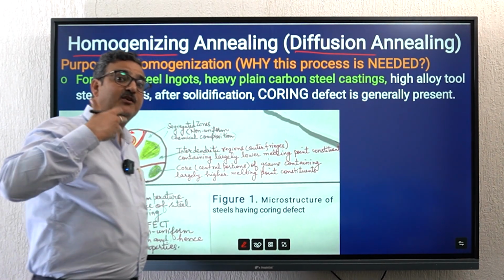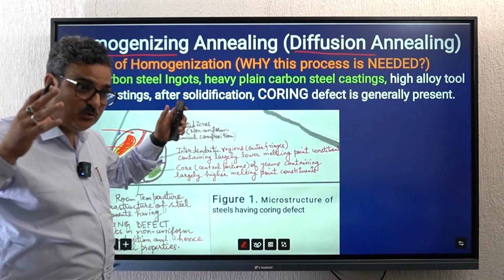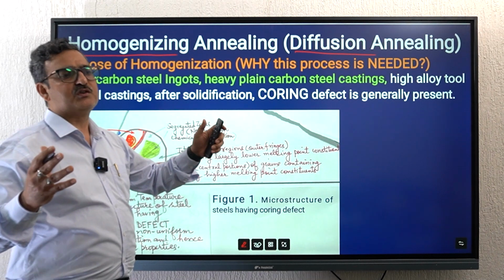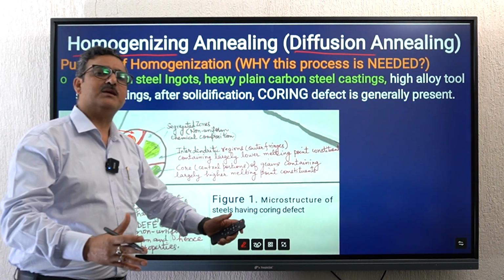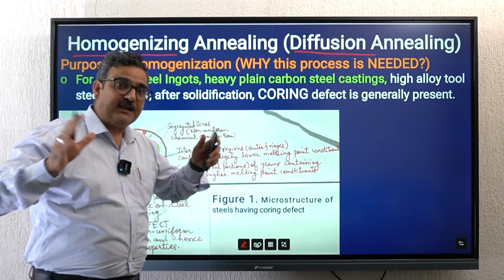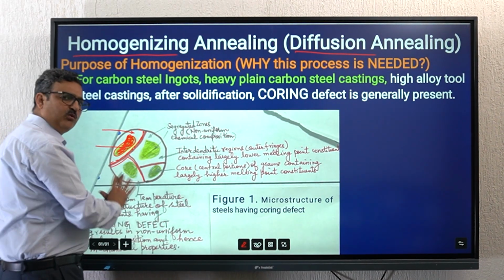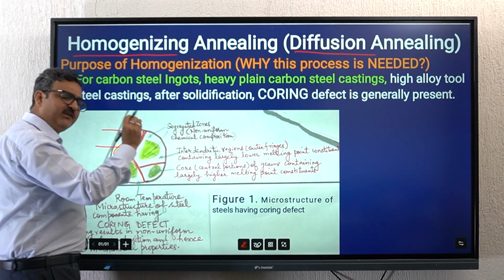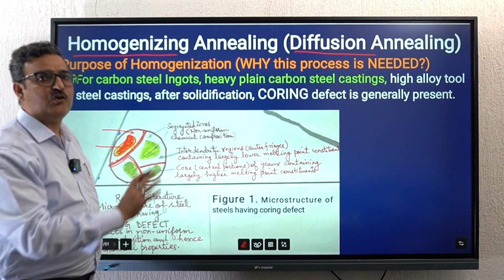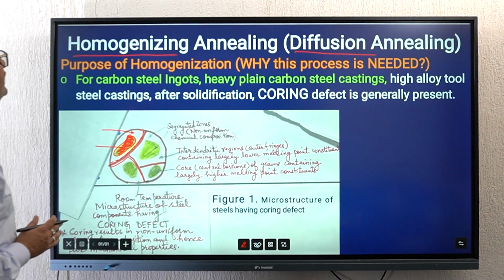Because what we will try to do in the steel during the diffusion annealing process, we'll get diffusion to get completed, and all segregated zones would be eliminated by the diffusion process, and ultimately what you'll get at the room temperature will have all coring, all segregated zones eliminated, and the chemical composition throughout the microstructure, means every phase, every grain, whatever composition it had to have, it would be uniform in its chemical composition. So that's the purpose why homogenization annealing is given.